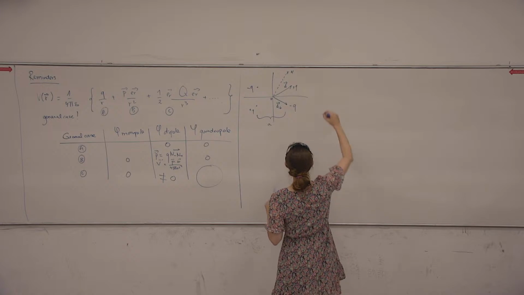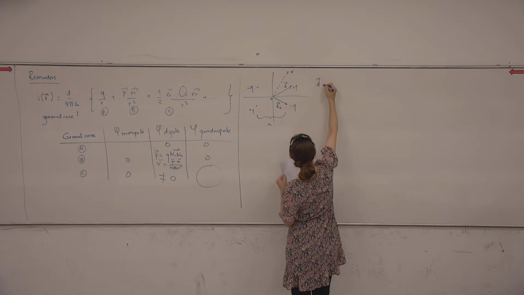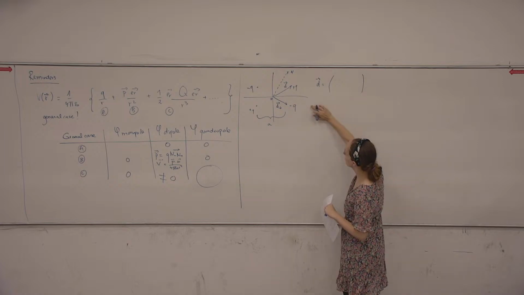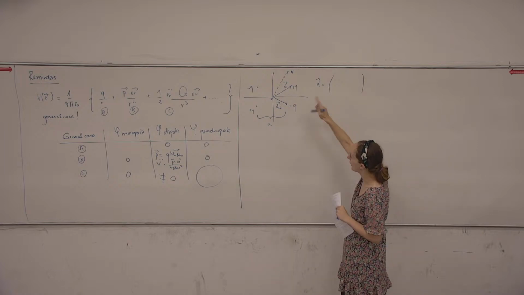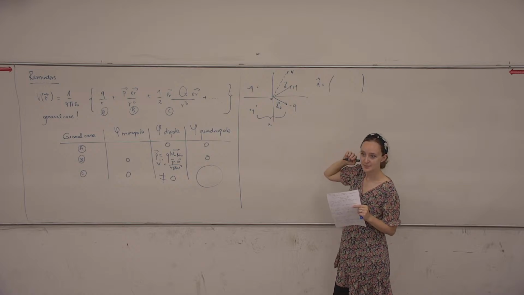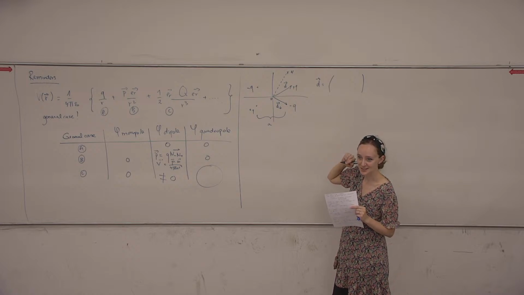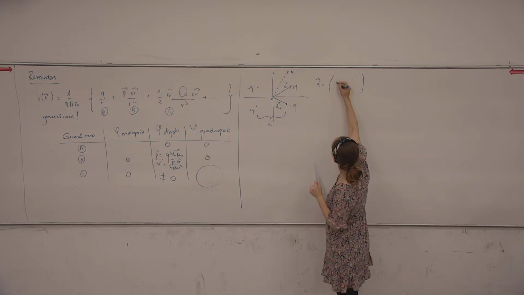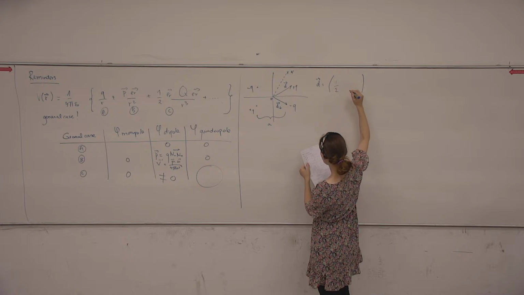So if I write the coordinates of D, you tell me what are the coordinates of D? It's a square. Half of A, right?